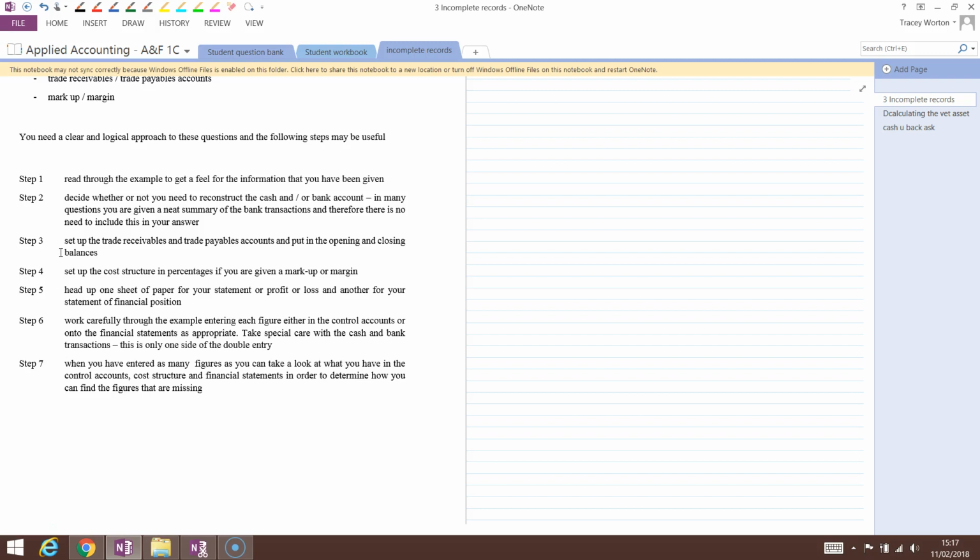And then finally, when you've entered as many figures as you can into all of your various different workings, your control accounts, your financial statements, etc., have a look to see what you've got and see whether you can actually determine any of the missing figures. So we will go over questions in class this week that looks at using these techniques to reconstruct a set of accounts or workings dealing with incomplete records.